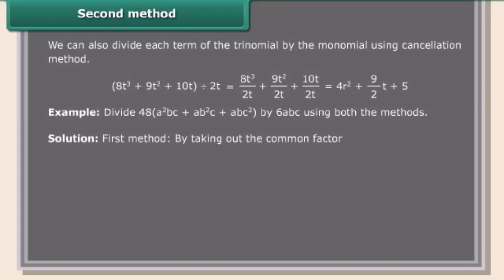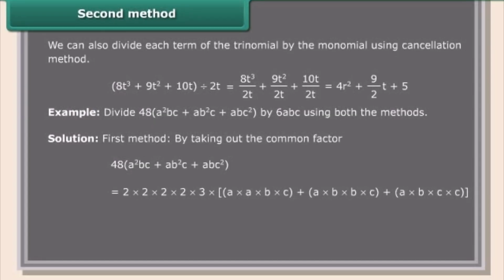By taking out the common factor, 48 into a square bc plus ab square c plus abc square is equal to 2 into 2 into 2 into 2 into 3 into a into b into c into a plus b into b into c plus a into b into c into c, which is equal to 2 into 2 into 2 into 2 into 3 into a into b into c into a plus b plus c, which is equal to 16 into 3 into abc into a plus b plus c.